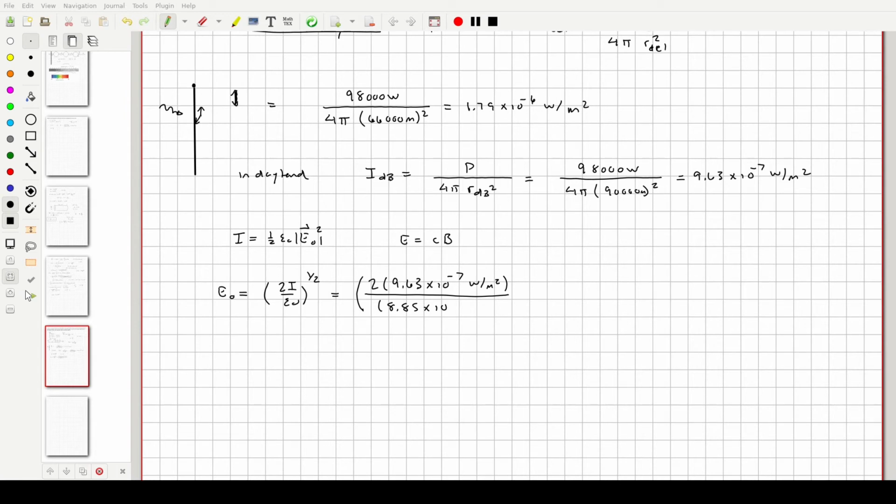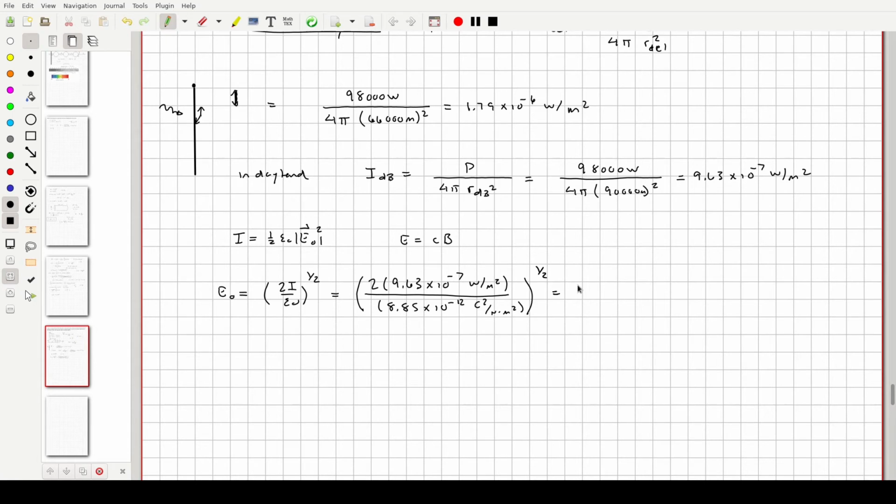It's the problem with being in magnetism for so long. 8.85 times 10 to the minus 12th coulomb squared per newton meter squared, right?